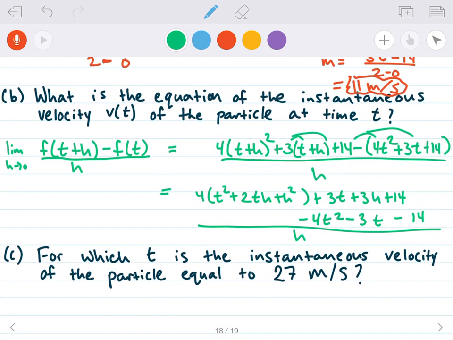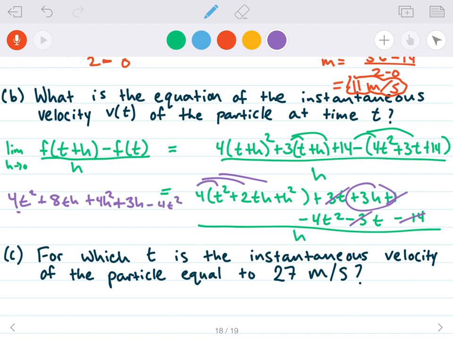Okay, so I am seeing some things that are canceling out. I see these 3t's cancel out. I see the 14's cancel out. Let's write it over here. So if I distribute this 4 in here, I get 4t squared plus 8th plus 4h squared plus this 3h minus 4t squared.